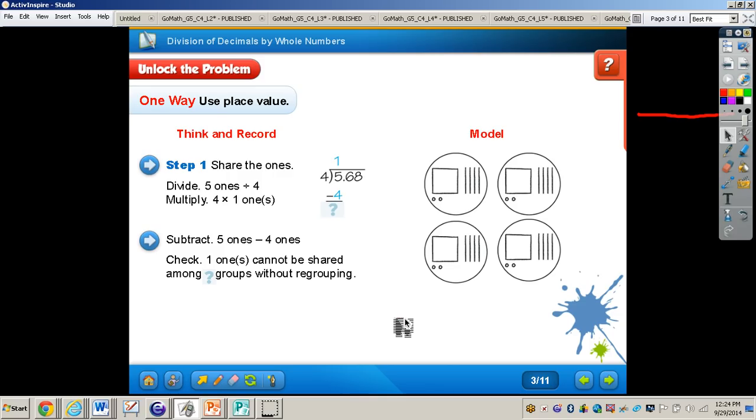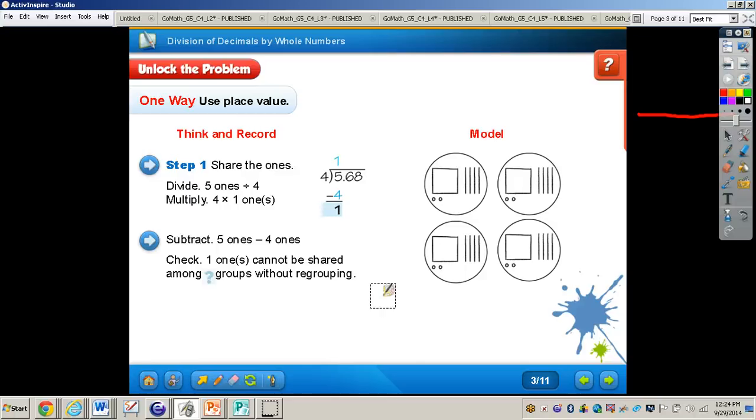So we have 4 goes into 5 one time, and after we do that, we multiply 4 times 1. That gives us 4, and then we subtract 5 minus 4, giving us 1. The next thing is we want to check and make sure that the 1 cannot be shared among 4 groups without regrouping. We're okay there.